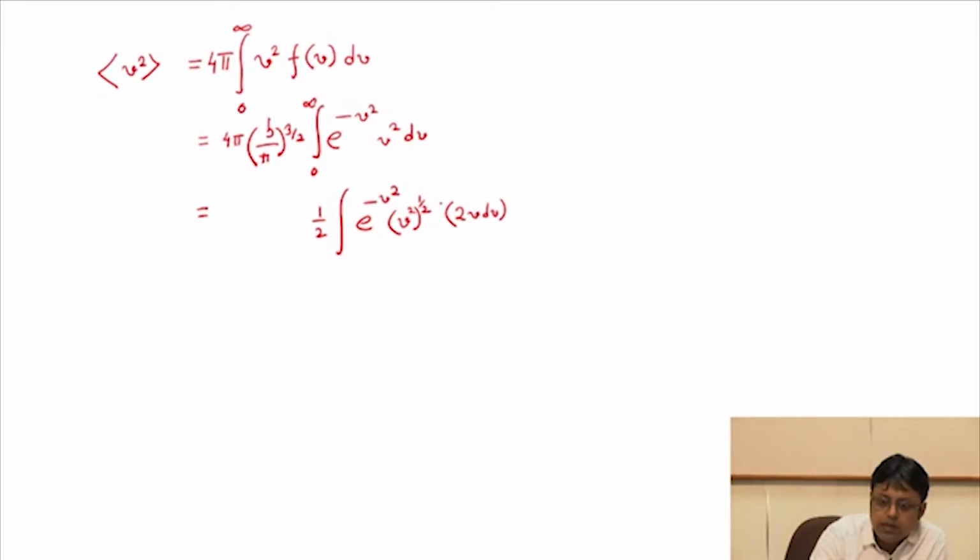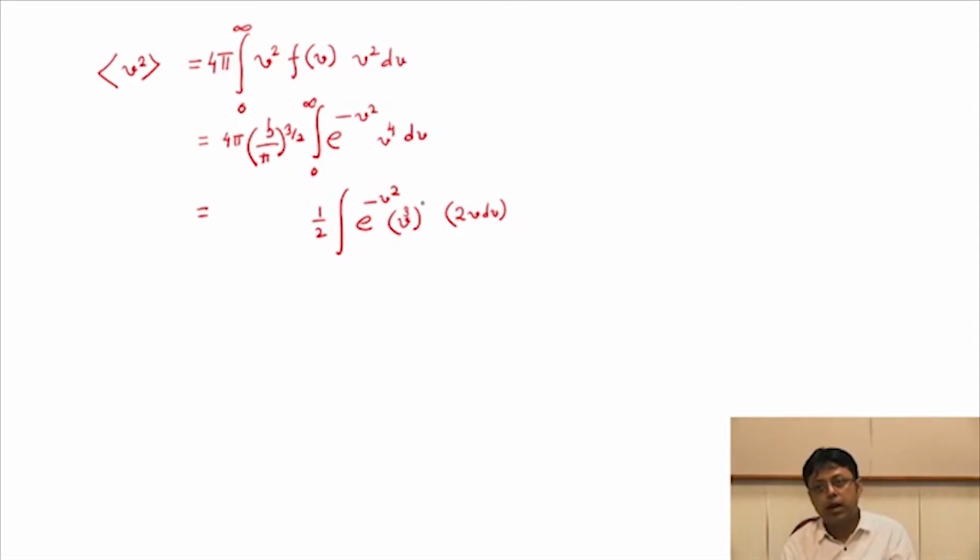Here we had a v squared dv, because the volume element was 4 pi v squared dv, and together I'll have v to the power 4 dv, so I'll have a v cube here. So the v cube thing, I have to write as v squared to the power n minus 1.